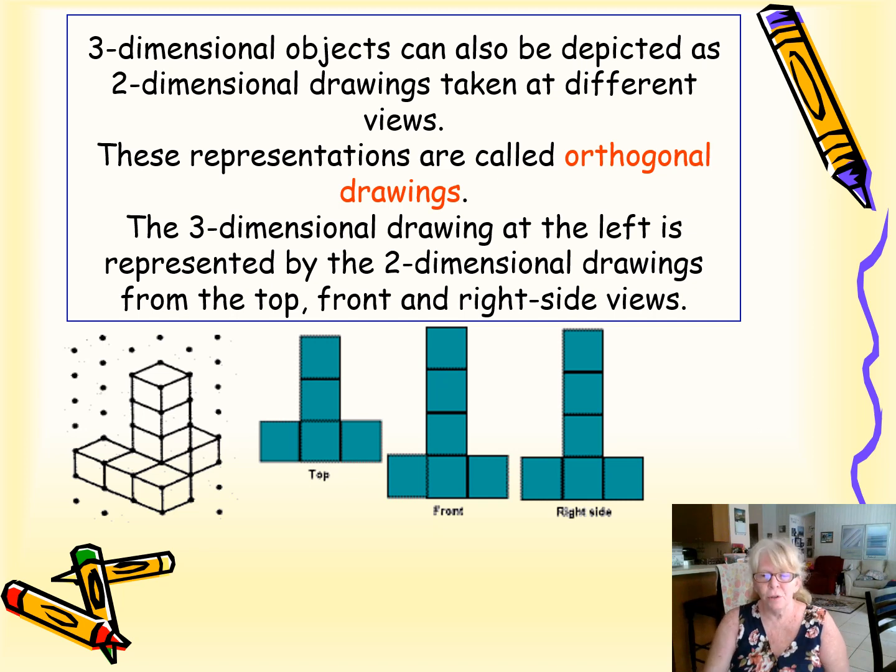This is if you came back and you looked at it this way. You would see 1, 2, 3, 4 up, 1, 2, 3, 4 up, and 3 across. You wouldn't see it in a 3-dimensional way. You would see it 2-dimensional. And if you went to the right side, you would see it the same way. Okay? That's basically it. I wish we could actually do these, but we can't, so it's okay.